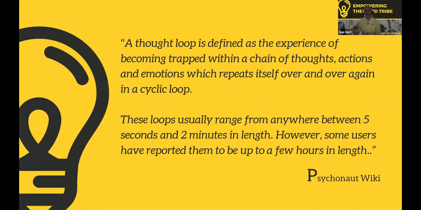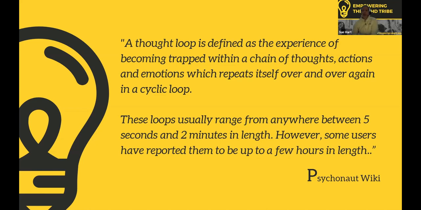It's in a cyclic loop. These loops usually range from anywhere between 5 seconds and 2 minutes in length. However, some people have reported them to be up to a few hours in length.